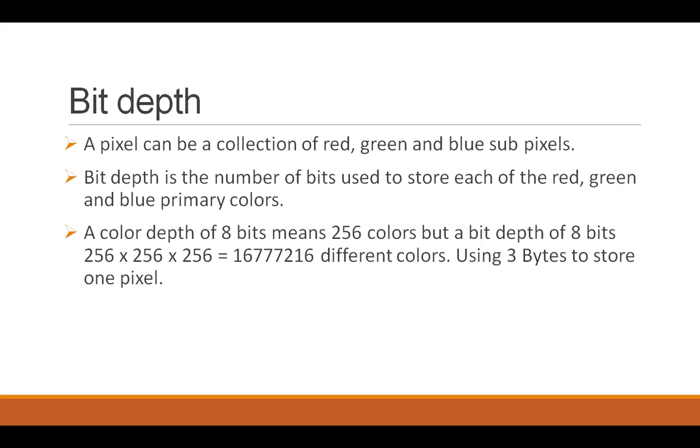So each of my pixels will have 24 bits, but 8 bits of red means 256 different shades of red. And similarly, 8 bits of the other two colors means 256 different shades of that particular primary color of the RGB color scheme.